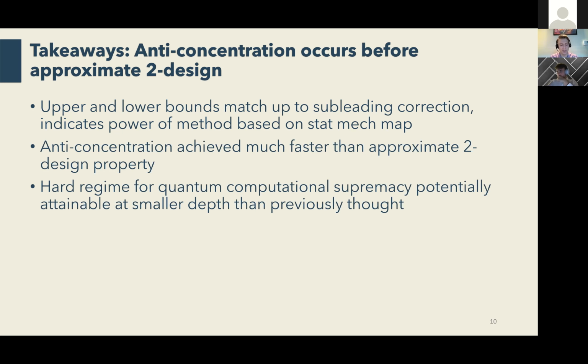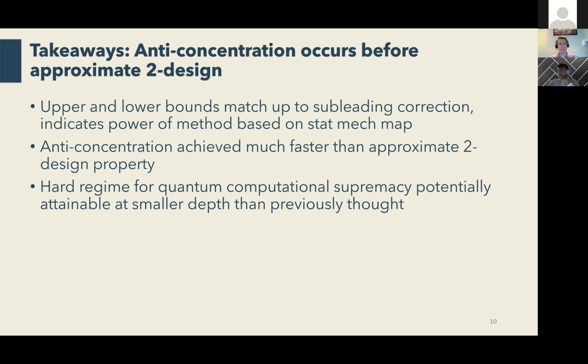Secondly, the fact that anti-concentration occurs after only n log n gates in both this very spatially local architecture and a very spatially non-local architecture indicates that this is much faster than we expected, because previously we had been using the two design property to imply anti-concentration. But two designs are much stronger.